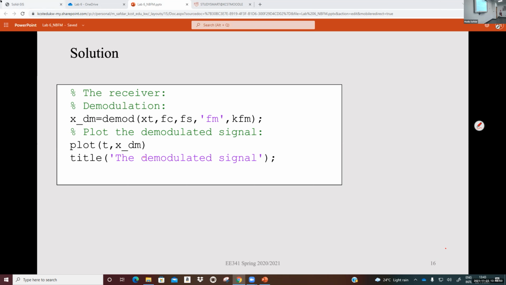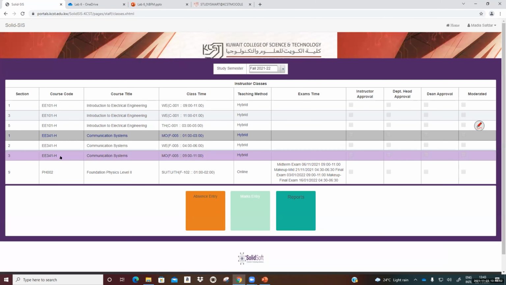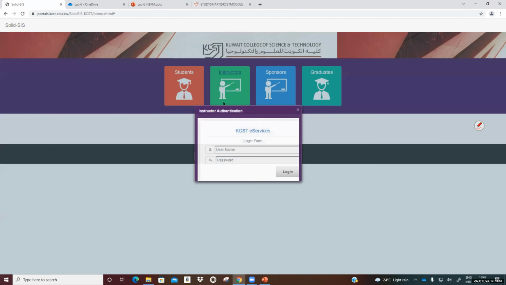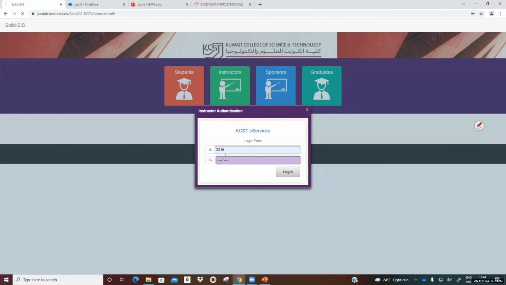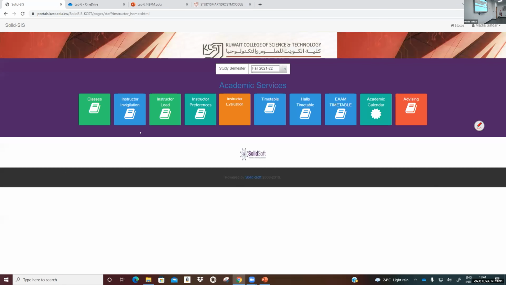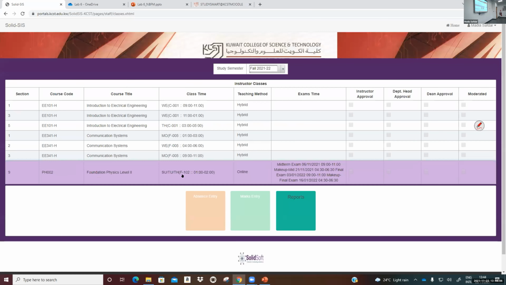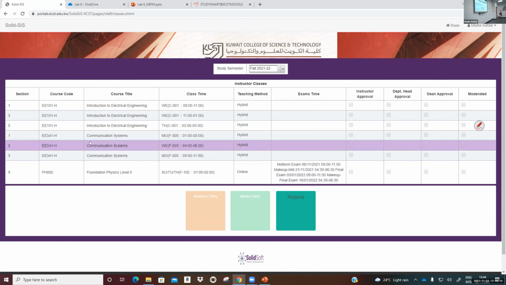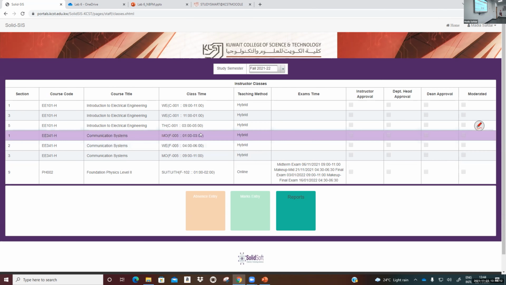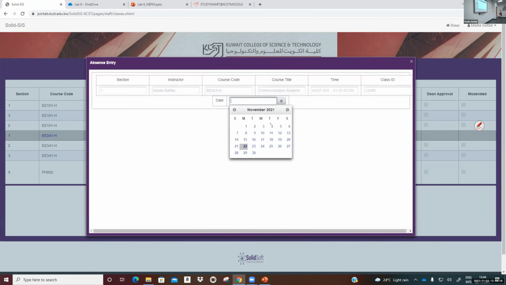Okay, so your section is fine. From Zoom I will get the attendance, according to the Zoom presence. So I can take manual.